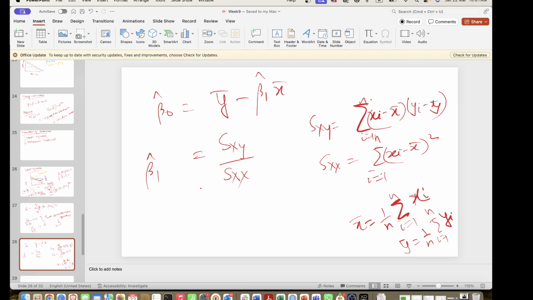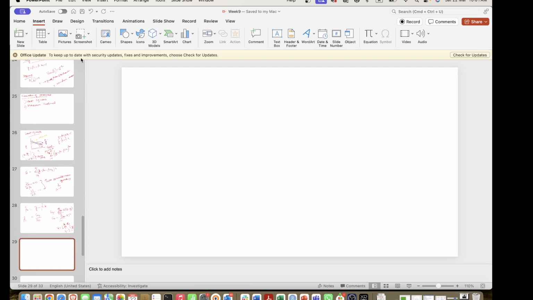Once we have beta naught and beta 1, we can derive the Hessian matrix, which is nothing but the matrix of second order partial derivatives.